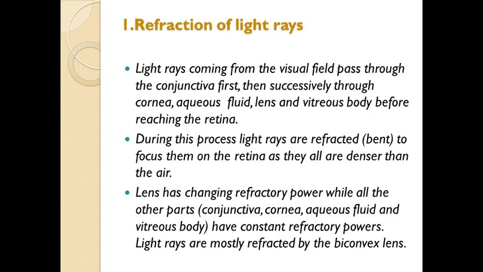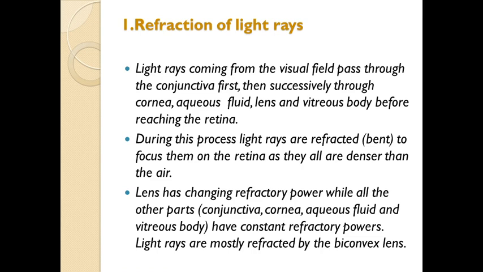Then the first process required, refraction of light. Light rays coming from the visual field pass through the conjunctiva first, then successively through the cornea, aqueous fluid, lens and the vitreous body before reaching the retina. During this process, light rays are refracted or bent to focus them on the retina as they all are denser than air. Since they are denser than air, refraction can happen through the lens.